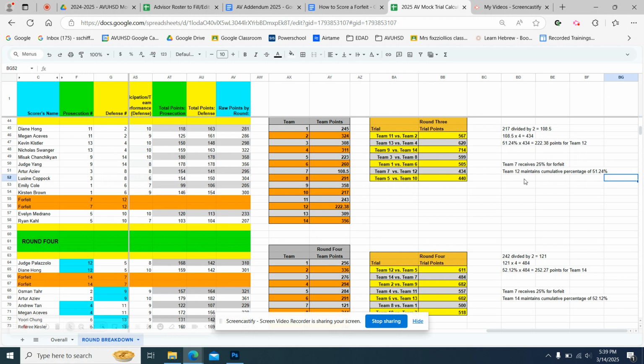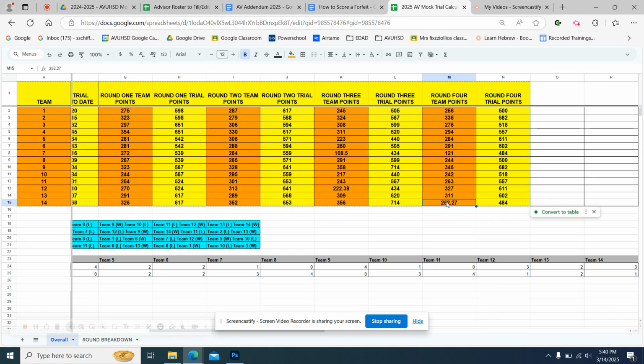And from there, the math does kind of work out. So we got Team 7 receiving 25%. We got Team 12 maintaining the cumulative percentage that they had from the 3 rounds that they went to trial in. They have a cumulative percentage of 51.24%.